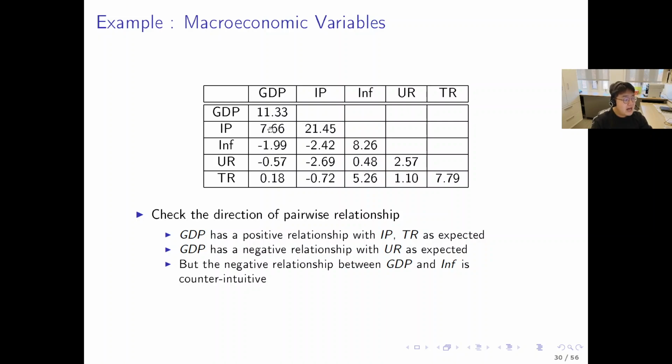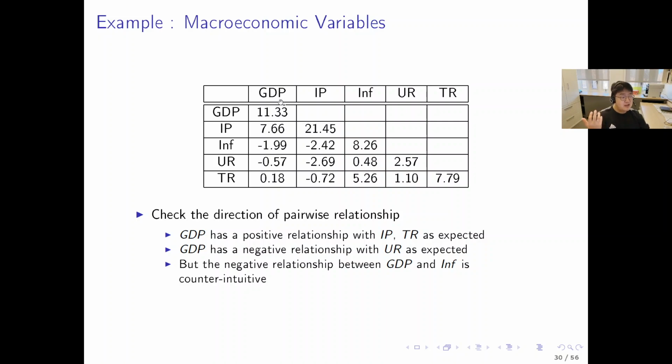GDP has a positive covariance, a positive relationship, with industrial production and treasury bill rates, which is expected, right? When the economy grows faster, industrial production of course increases, and the interest rate will also increase, because you expect a better growth rate.